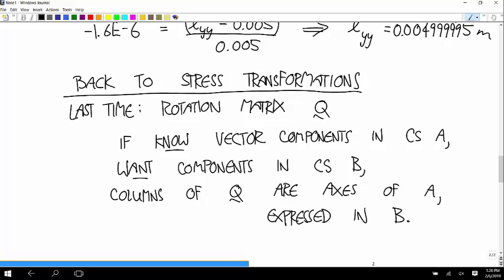Okay, so I always just remember that as the order is A, B, A, B, if you say it that way. But this isn't the way that we're going to calculate this. That's the general, that's always true for a rotation matrix. But we're going to do rotation matrices that are sort of simpler rotations.